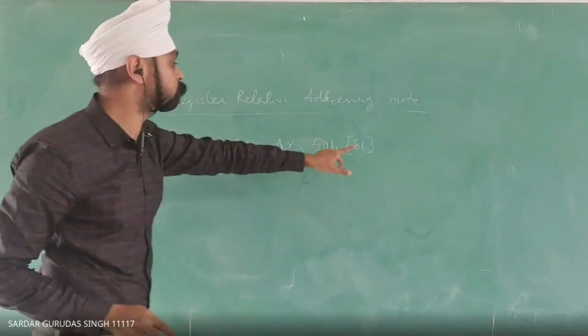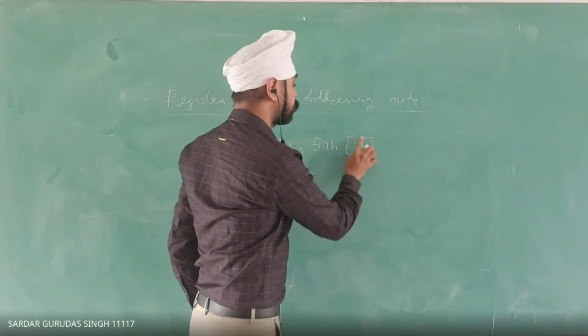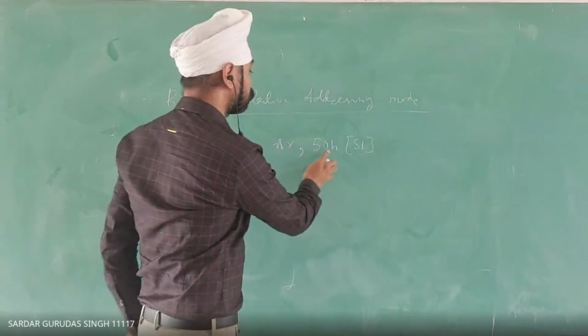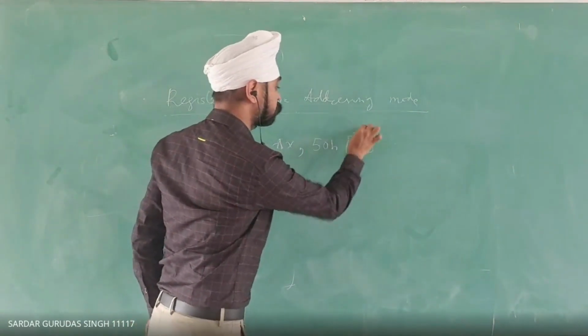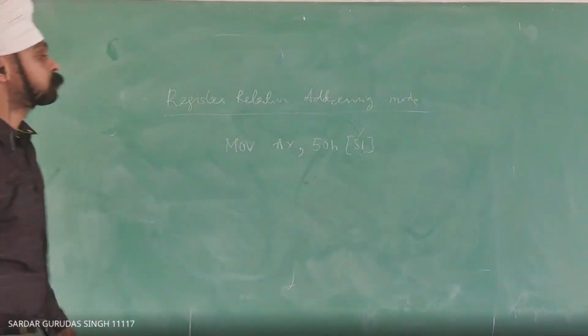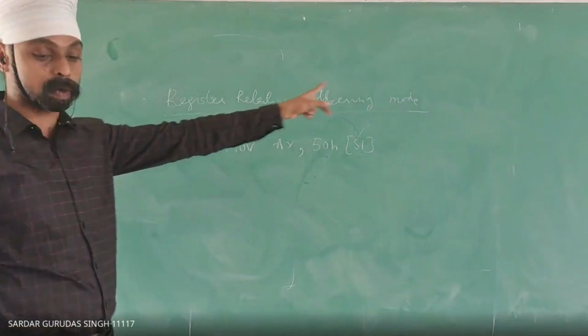So relative to the effective address that is specified by SI, here this is a relative displacement from an SI register. So this type of addressing is nothing but register relative addressing mode.